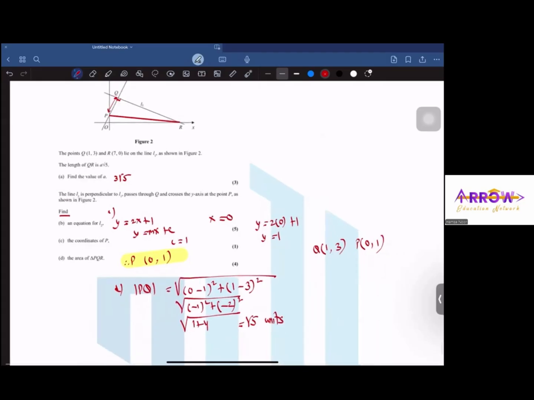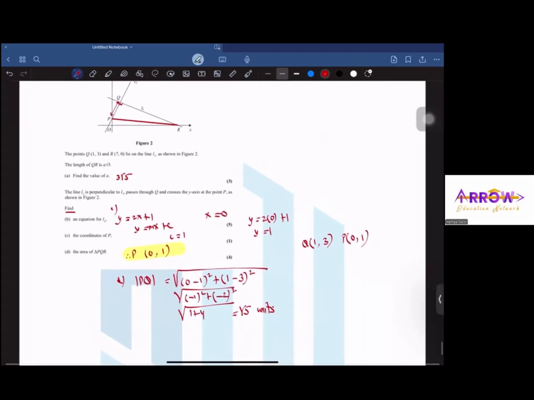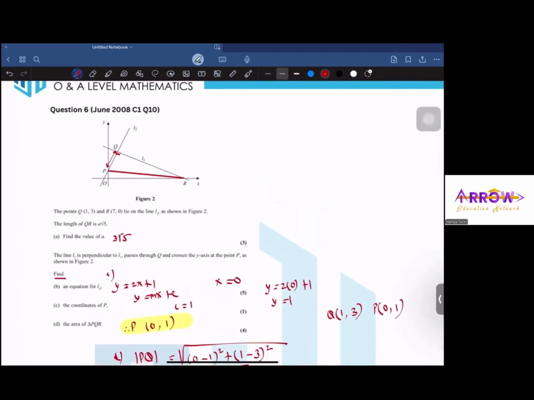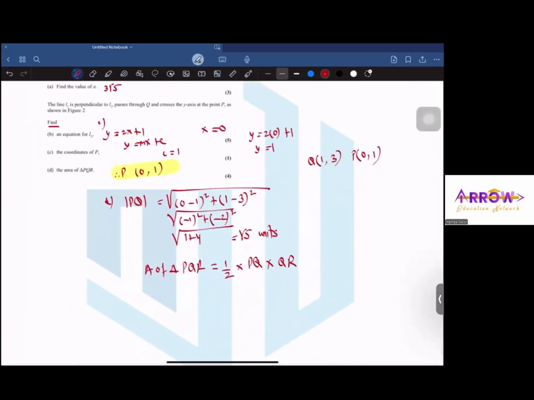So therefore, you can say that the area of triangle PQR is half into base into height, meaning half into PQ multiplied by QR. And the length of QR we have already obtained in part A, which is 3 root 5. So just simply use this method.